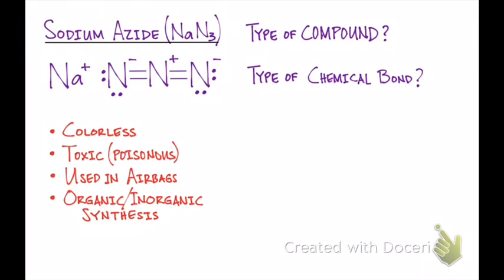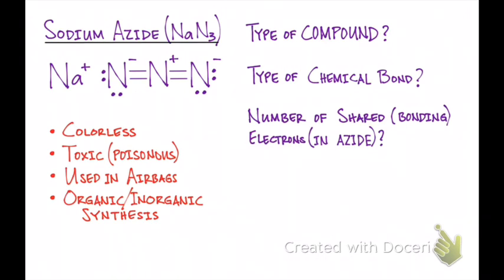Because you have positive and negative charges, it utilizes ionic bonding. But when you look at the anion here, this anion part utilizes covalent bonding because you have a bunch of nonmetals that are chemically stuck together. So it uses both covalent bonding and ionic bonding.